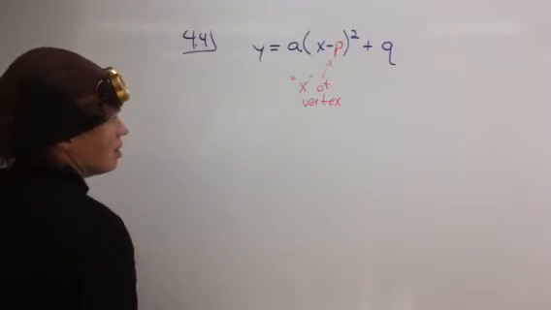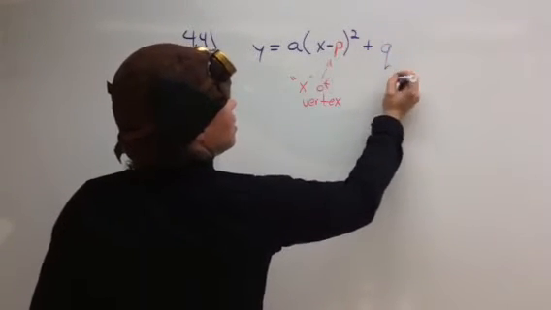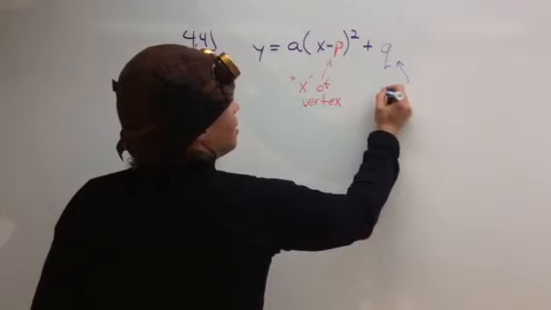And that Q, whatever's at the end here, is the y of the vertex.